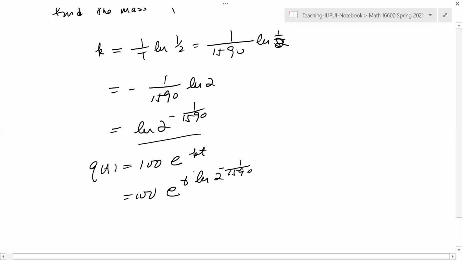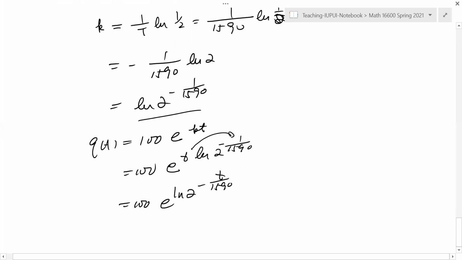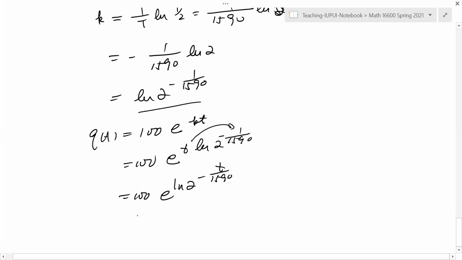Okay, so I can move t to here. All right, finally, you can even cancel the e and the natural log. Okay, so this is the formula.